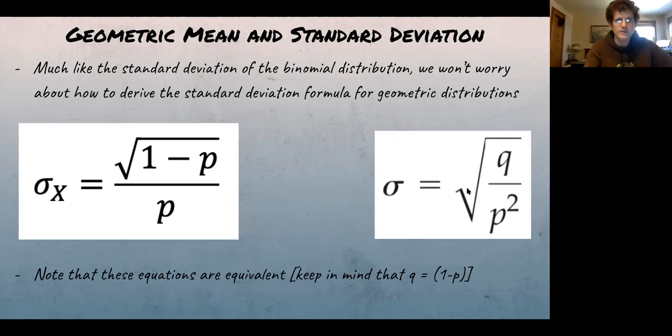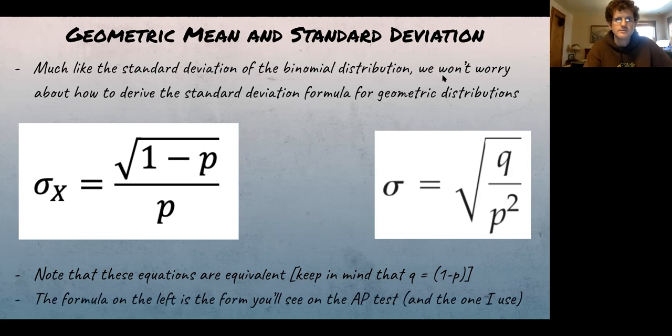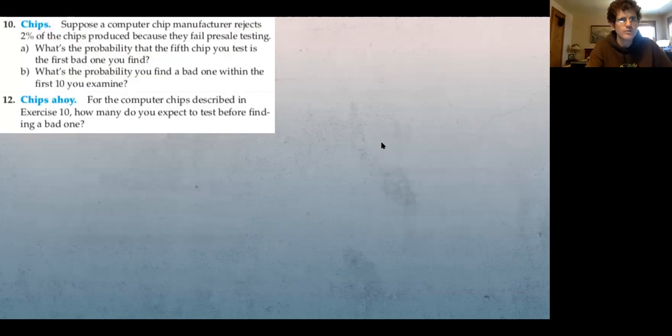As far as questions about the mean and the standard deviation, it's really as straightforward as, if it asks for it, just plug numbers into the formula and spit out the answer. So we go back to this computer chip process, and it said, how many do you expect to test before finding a bad one?